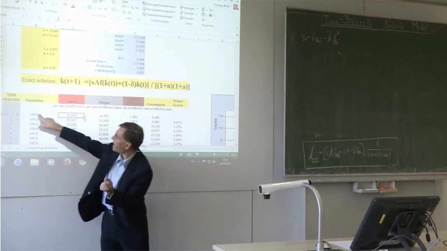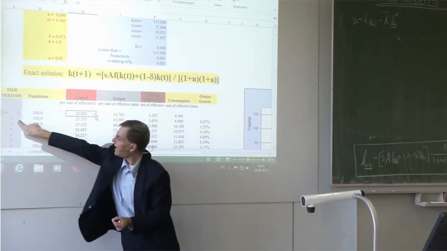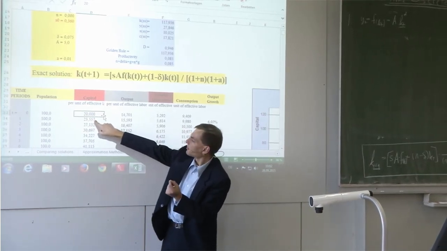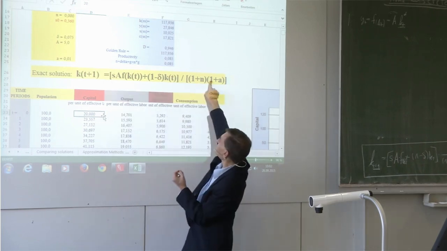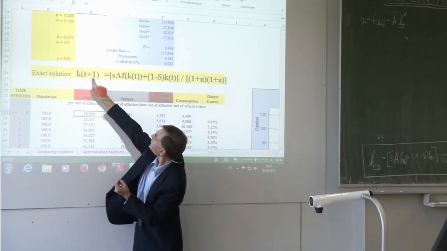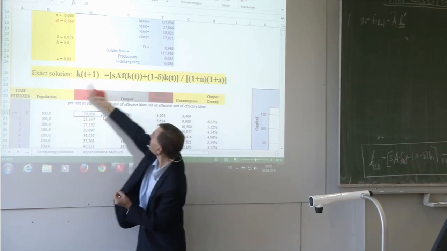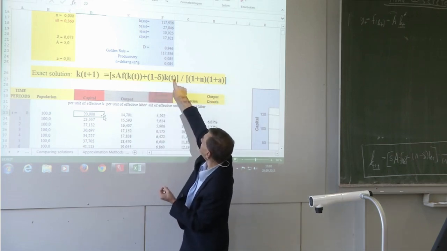This is the capital stock in period 0, and now I will compute the capital stock in period 1. To calculate this capital stock, I use this formula, because this formula allows me to find the capital stock in the next period, in 1, if this is the capital stock, 20, of period 0.